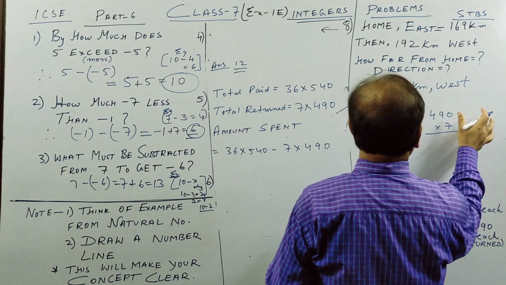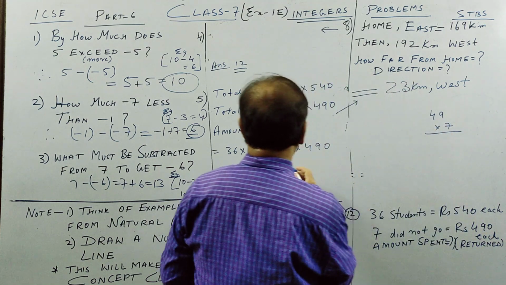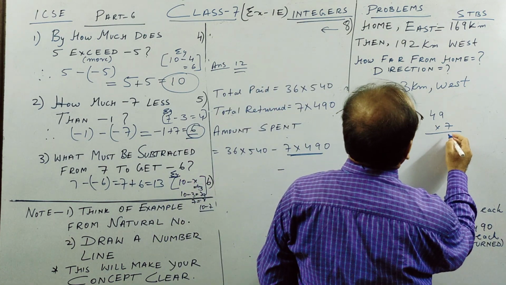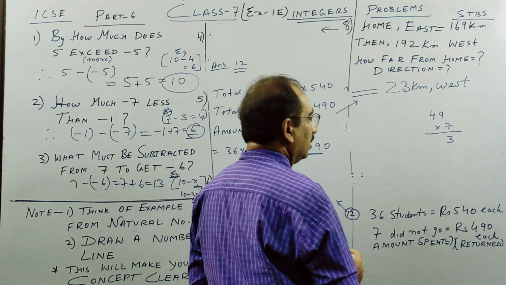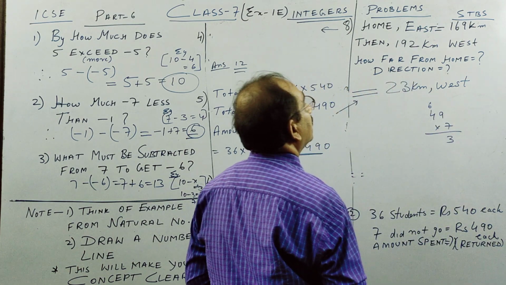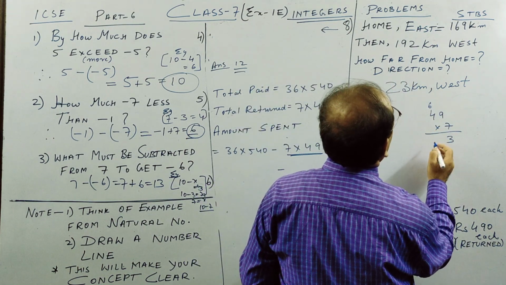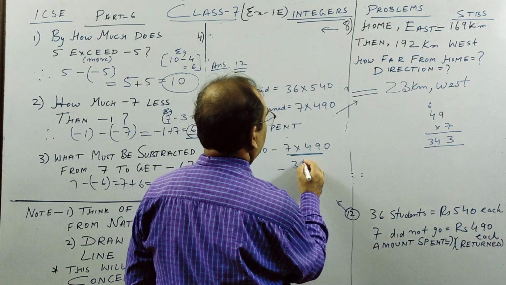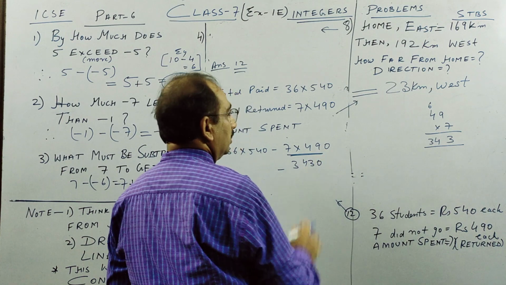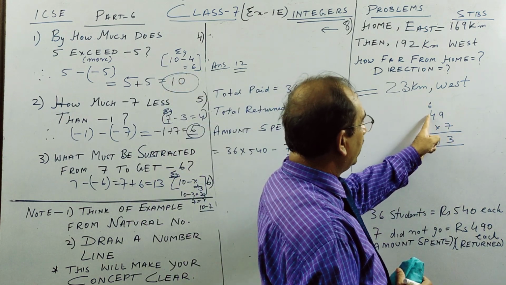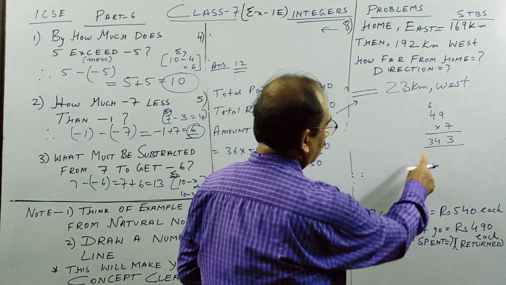So what I do, I leave the 0, and I multiply this. 7 9s are 63, and we get 3 and carry 6. 7 4s are 28, plus 6 is 34. So I get 3430.